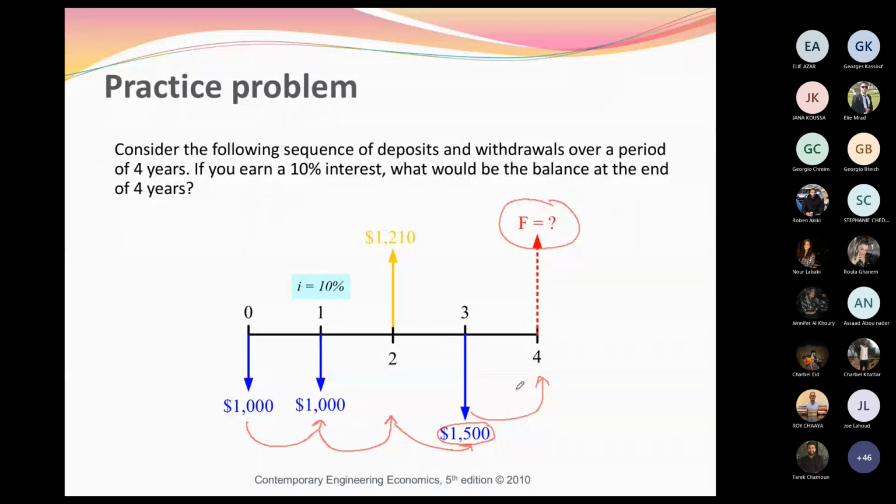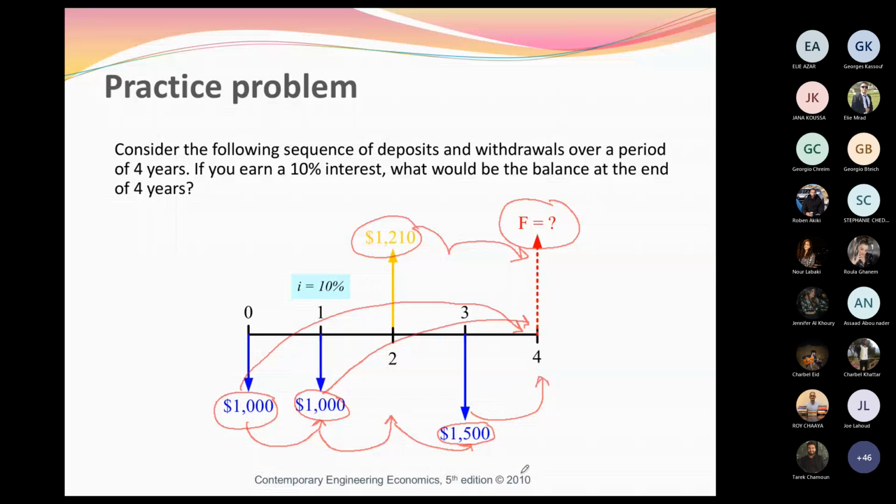You could have solved it differently. You could have said, okay, $1,000, let me compound it 4 times to find its value at end of year 4. This 1,000, let me compound it 3 times to find its value at end of year 4. Minus 1,210 compounded twice, plus 1,500 compounded once.